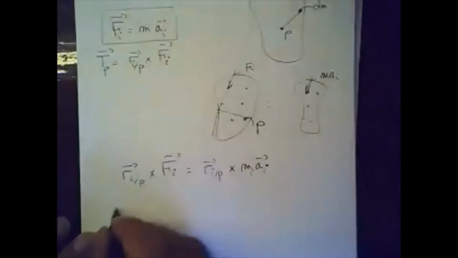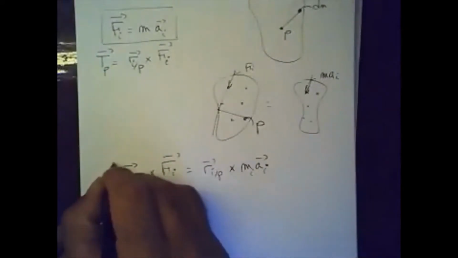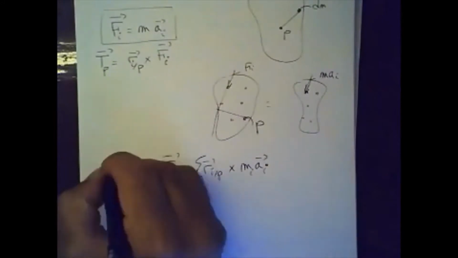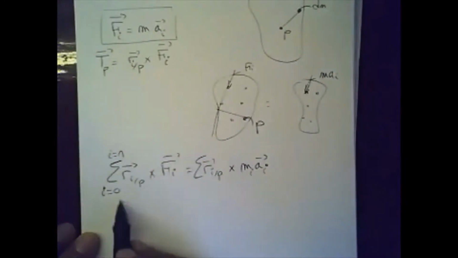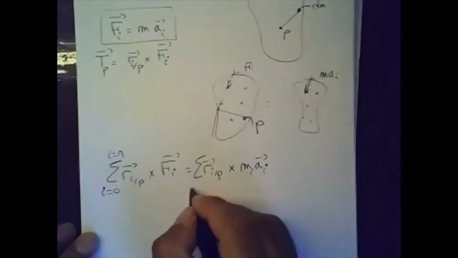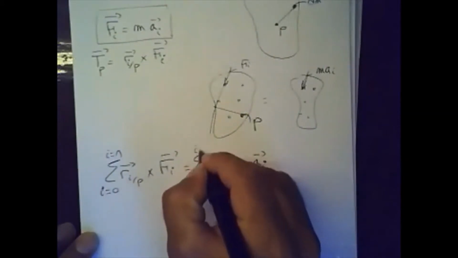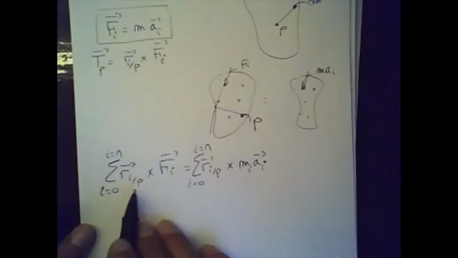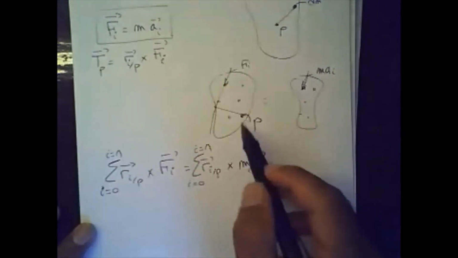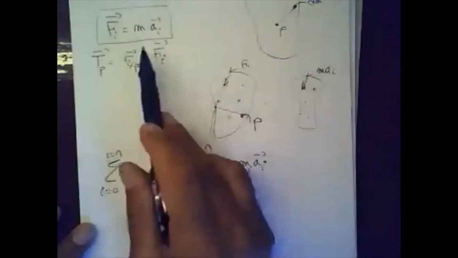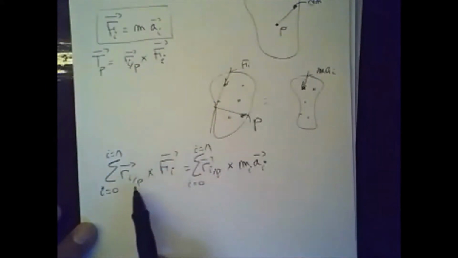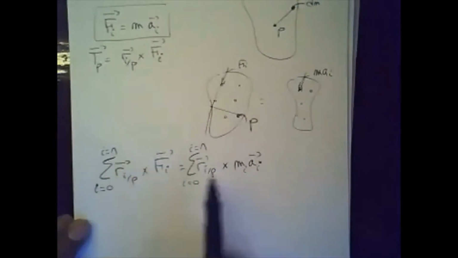Because it's a rigid body, I'm going to put a summation over here, with i equal to 0 to i equal to n. I'm assuming the rigid body is made out of n points, starting at 0 and ending at n. So I'm assuming the rigid body is a bunch of points, and I'm applying Newton's law on each point by taking the cross product on all these points.